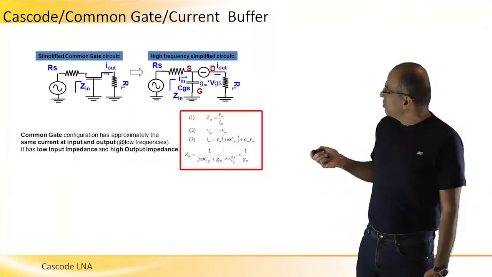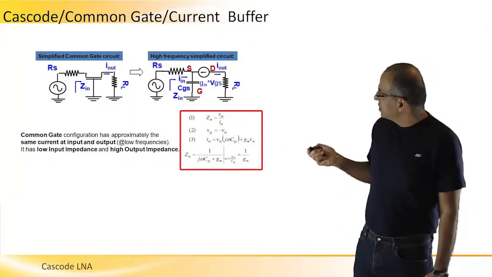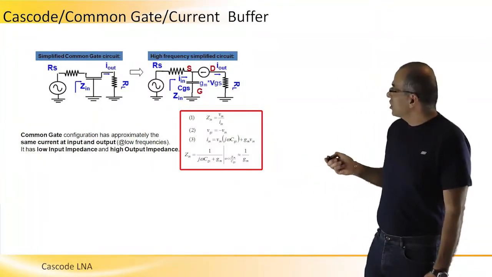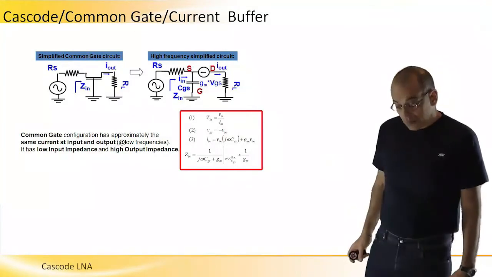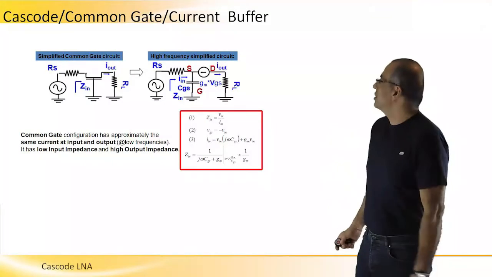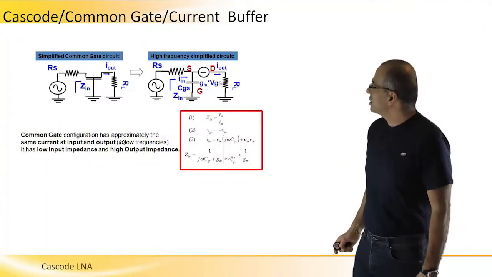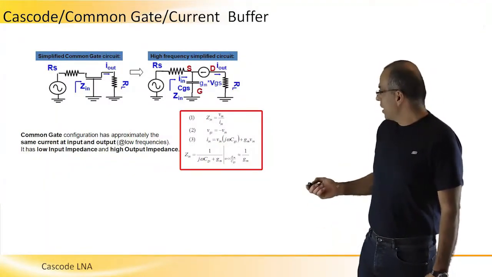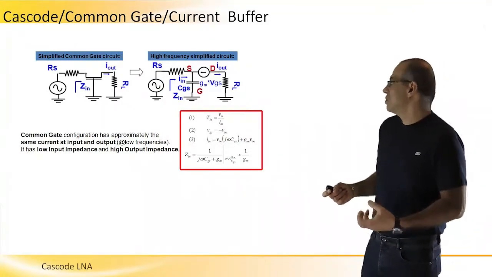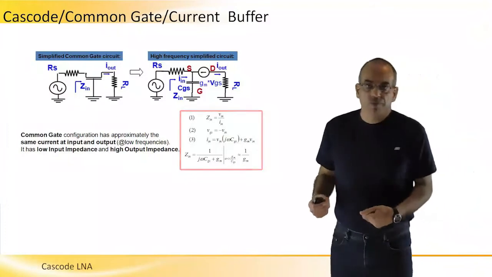It is nice to have a low input impedance to this buffer, because it actually loads the common source that is driving this common gate transistor, and having, I would say, lower load is always nice.